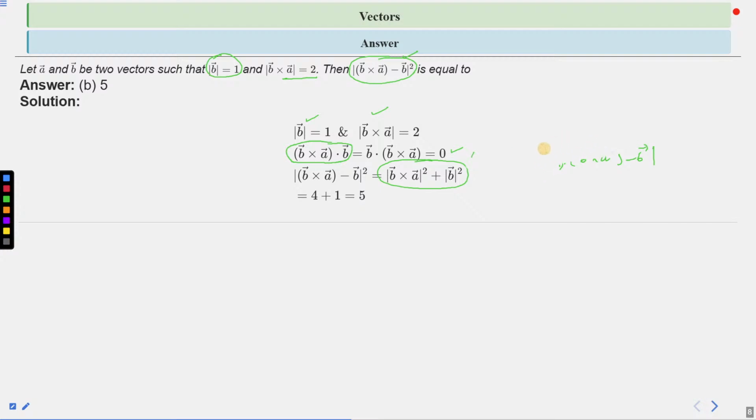Clear? So 4 plus 1, the value is given. The magnitude of B cross A is equal to 2. So the square of this value is 4 and the square of the magnitude of B vector is 1. So 4 plus 1 is equal to 5. So it will be equal to 5. This one.